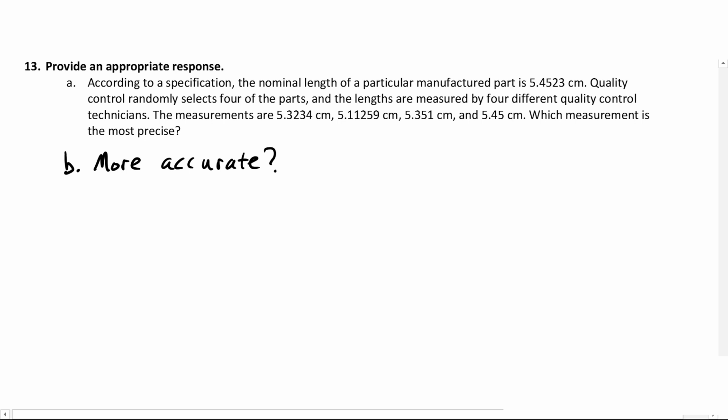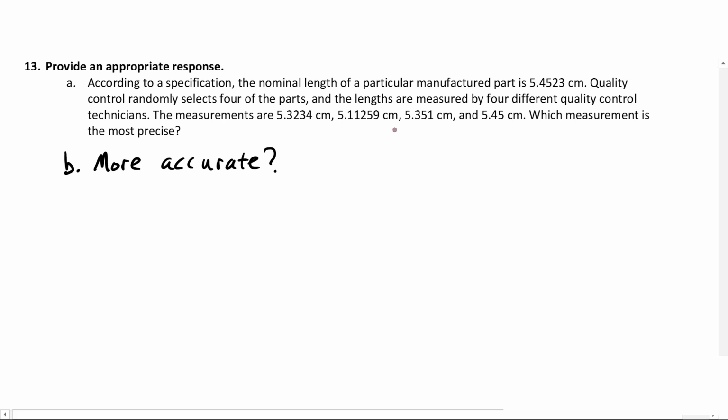So if we look at these numbers here, they randomly select 4 parts, and the measurements are given here. And the length is supposed to be 5.4523. So we want to answer the question, which is more accurate and which is more precise?